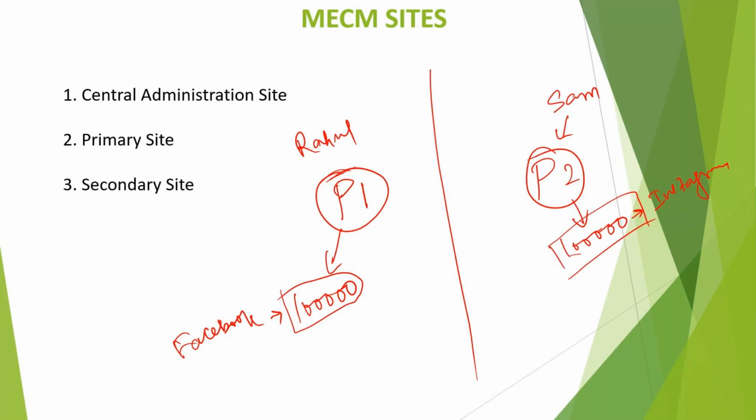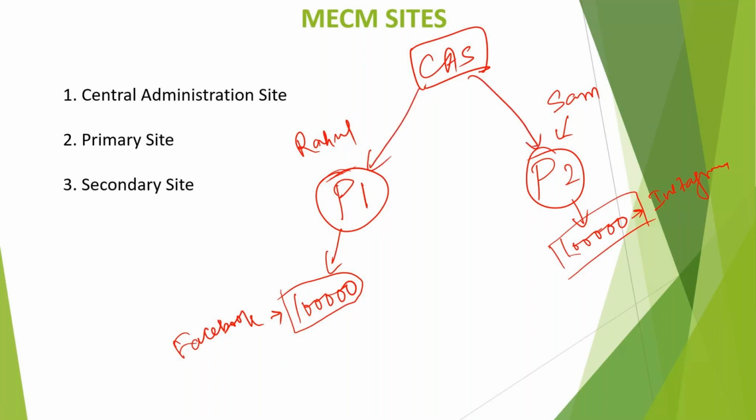But in case your company decides that we have to have a centralized management solution, we will install Central on top of it, and Central will be managing these two primary sites, so that we will have one person, for example, let's say Peter.